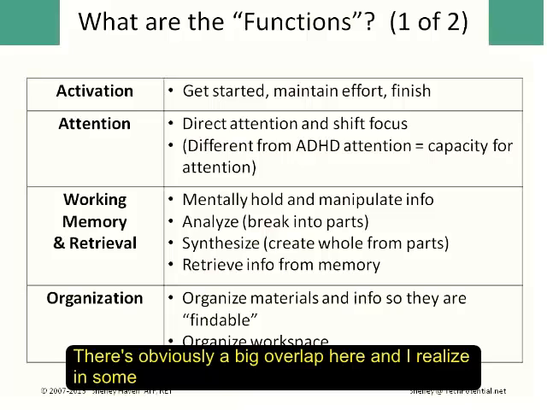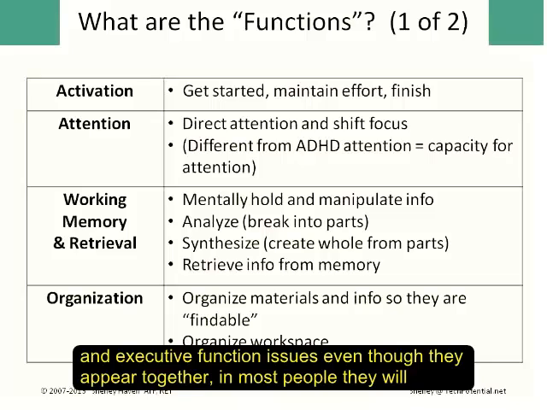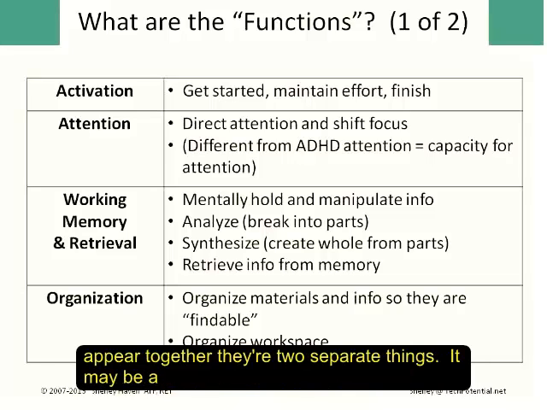There's obviously a big overlap here, and I realize in some people's minds they'll generically refer to a lot of the things I'm talking about here as ADHD. But ADHD and executive function issues, although they often appear together, and in most people they'll appear together, they're actually 2 separate things. So that may be a moot point if you're having a problem with attention, but I just thought I'd bring that up.